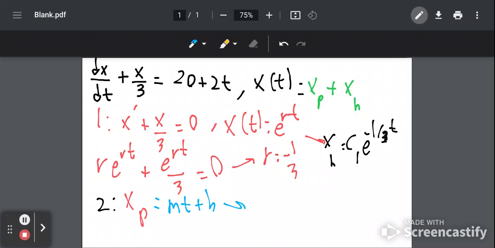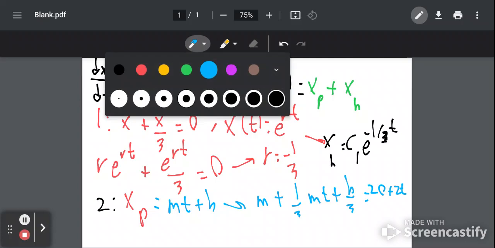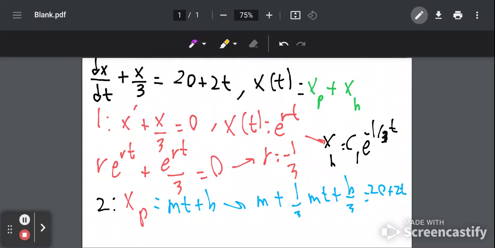If we differentiate it once, we just get m, plus 1/3 mt plus b over 3, is equal to 20 plus 2t. Now we can match the coefficients and constants.